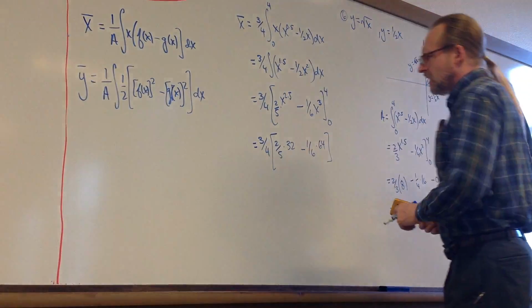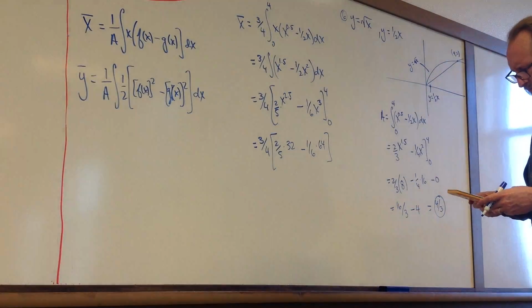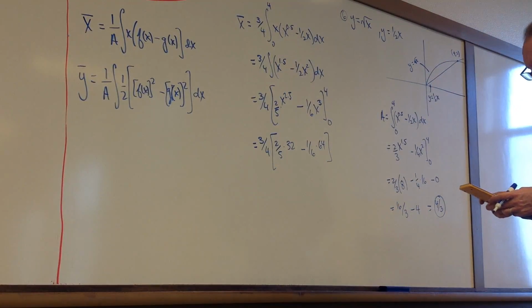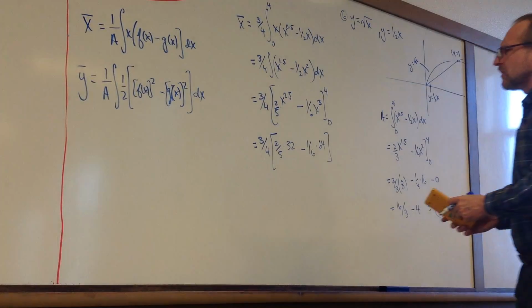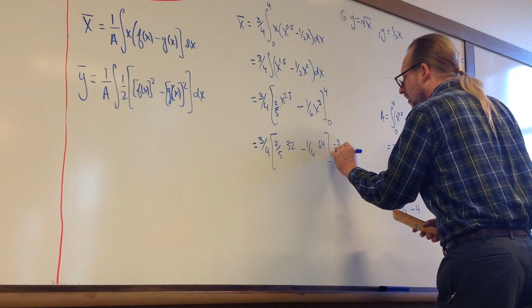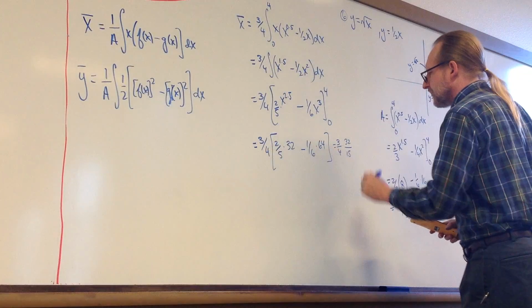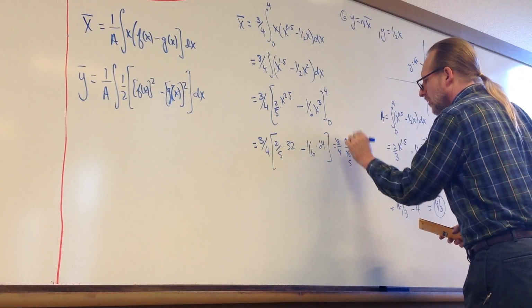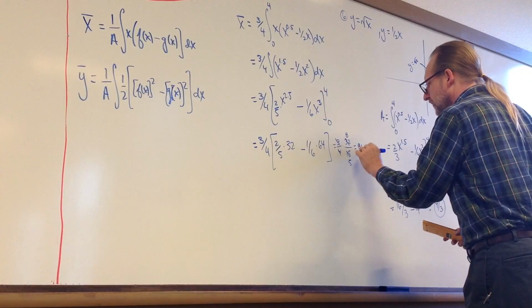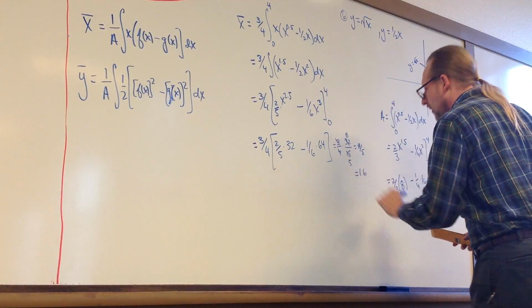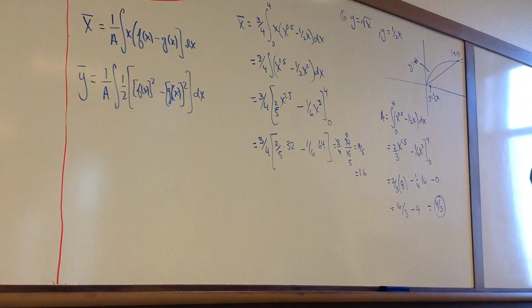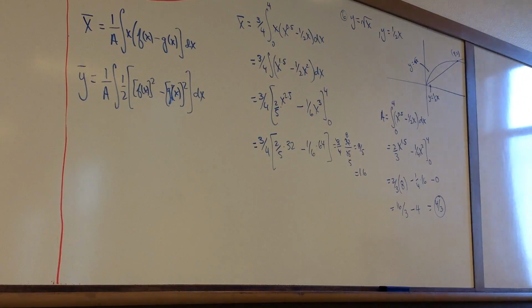So this is 64 over 5 minus 64 over 6, and so that's going to be 32 over 15 times that 3/4, so that's 8 over 5, or 1.6, however you want to think about it. Okay. All right. That's our x bar.